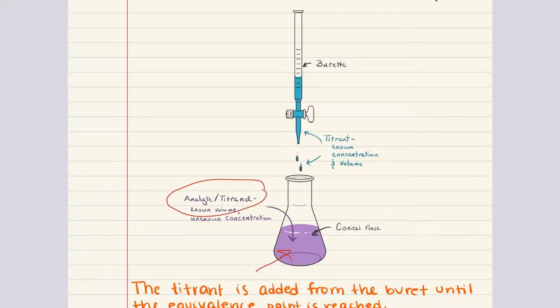To this solution, a titrant is gradually added from a burette, and a titrant is a solution of known concentration. The key to titration is monitoring the reaction between the titrant and the analyte until the equivalence point is reached. This point signifies that the amount of titrant added is exactly enough to completely react with the analyte, meaning that the moles of titrant equal the moles of analyte based on the stoichiometry of the reaction.